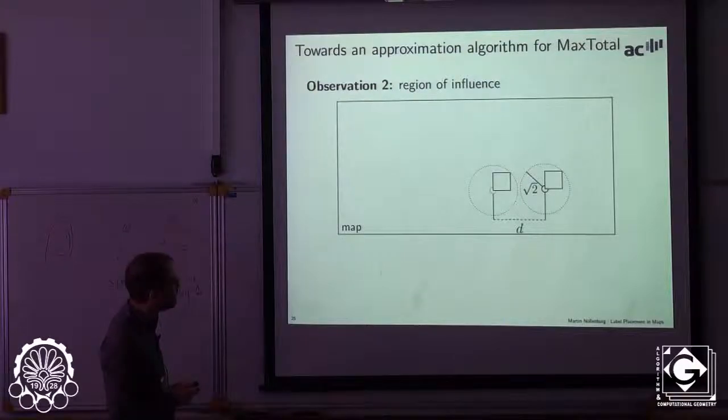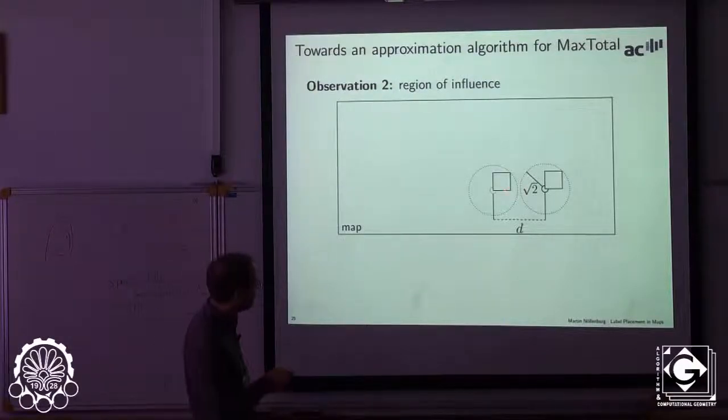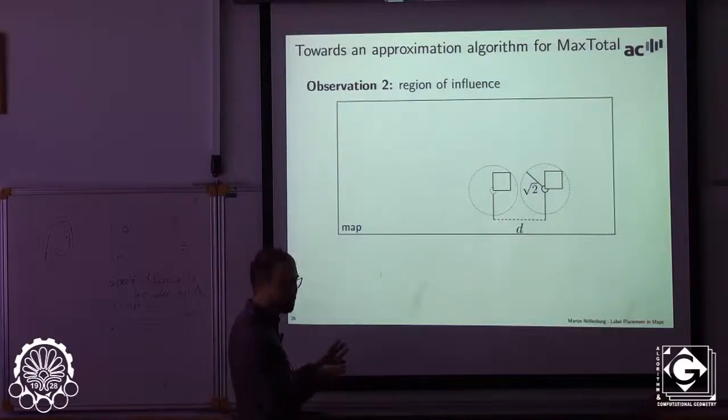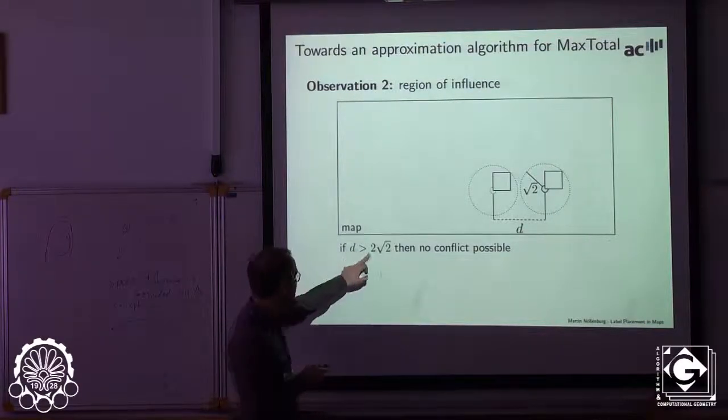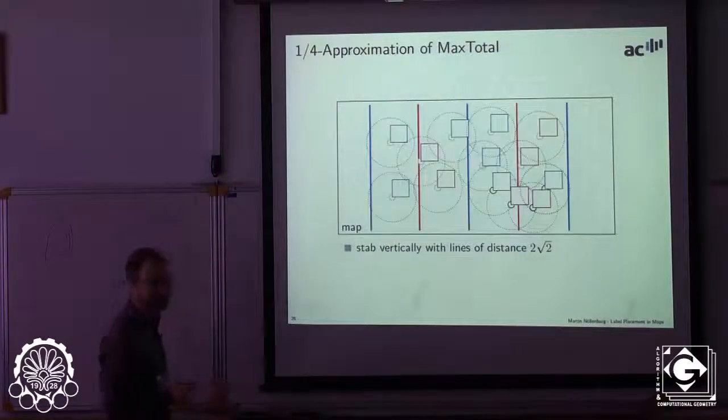So if this distance d is more than 2 times the radius of that circle, they are independent, and if it's smaller, they could be in conflict. If we think of these labels as unit squares with side length 1, then the radius here will be square root 2. If d is more than that, no conflict is possible.